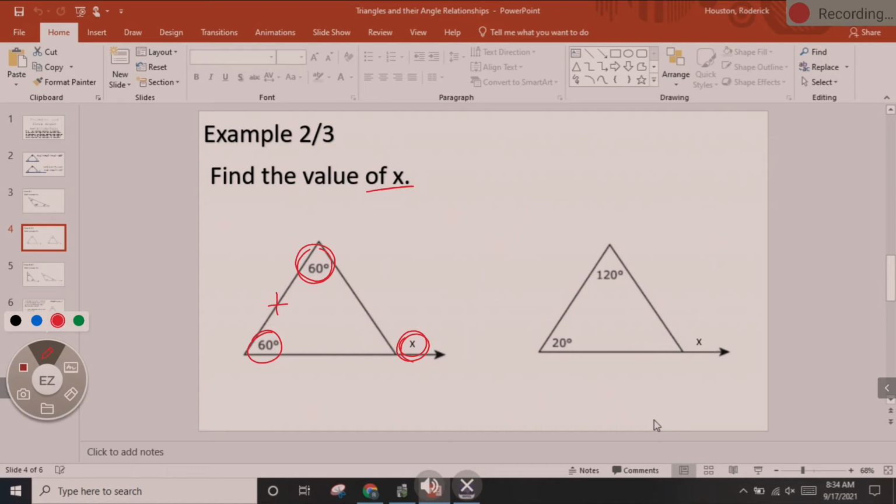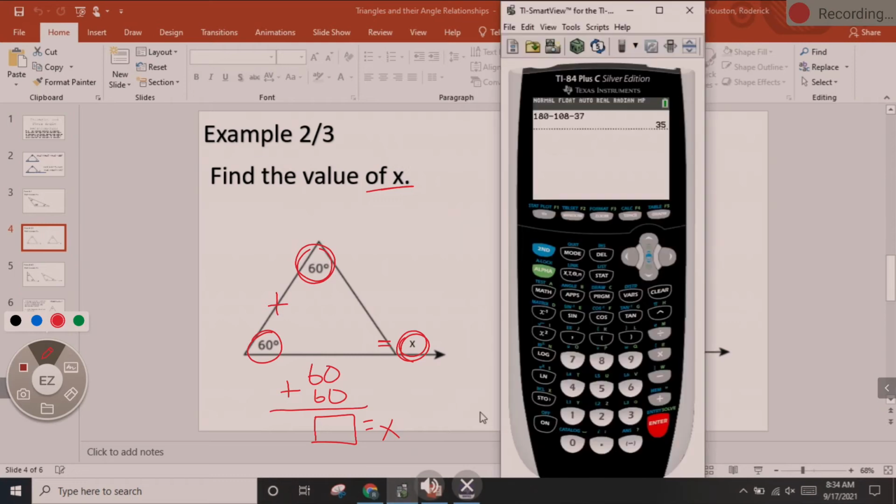And when we add them together, they equal X. So here we have 60 plus 60, and whatever we get is equal to X. So pull up the calculator. We're going to do 60 plus 60. That's 120. So we know that X equals 120.